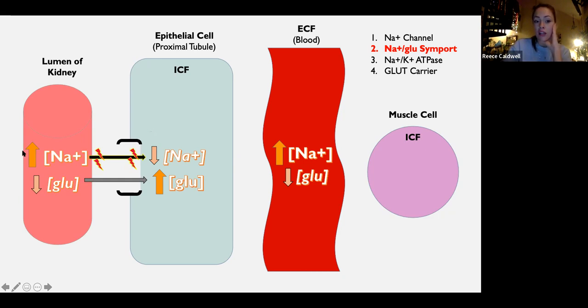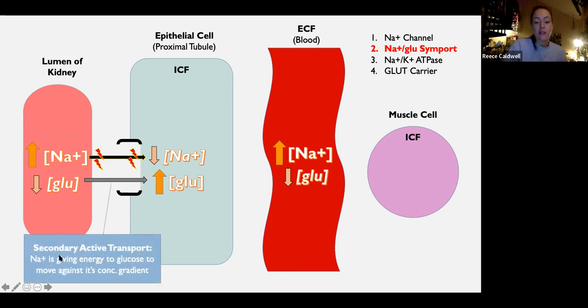So whenever a molecule moves from high concentrations to low concentrations, it gives off energy. Whenever a molecule moves with its concentration gradient, it gives off ATP. And whenever it gives off that ATP, it can be used by another molecule, such as our polar glucose molecule, to move against its concentration gradient.